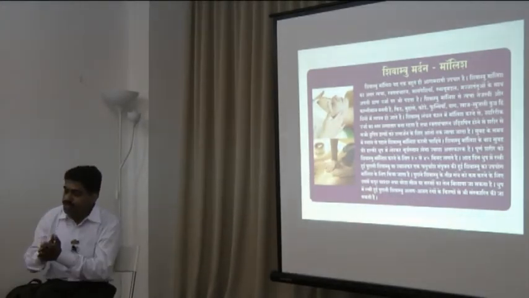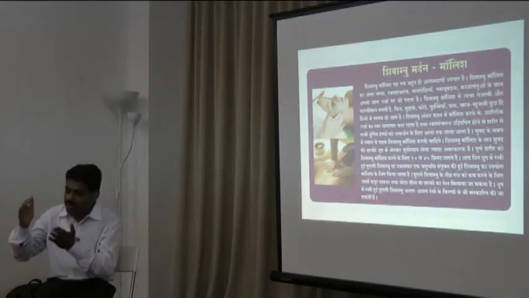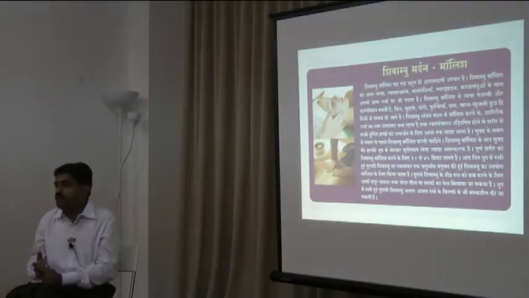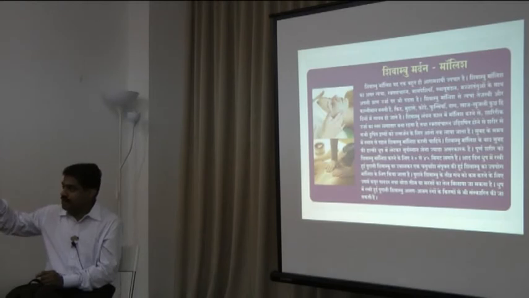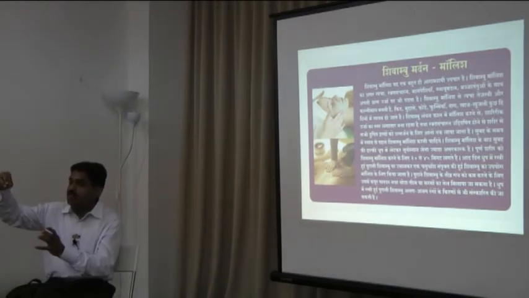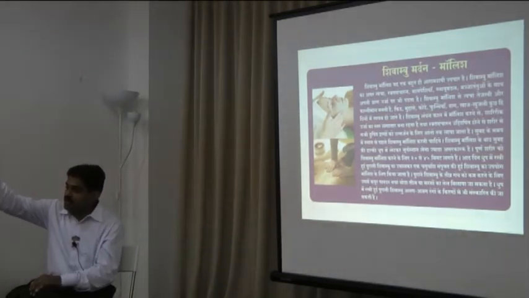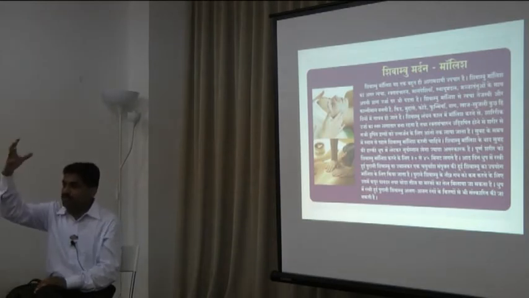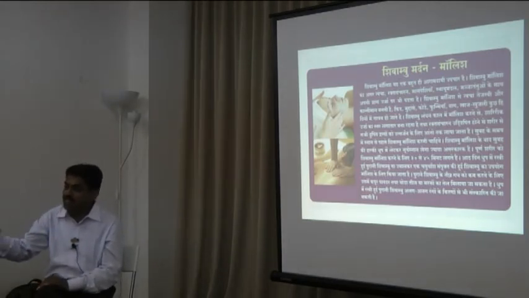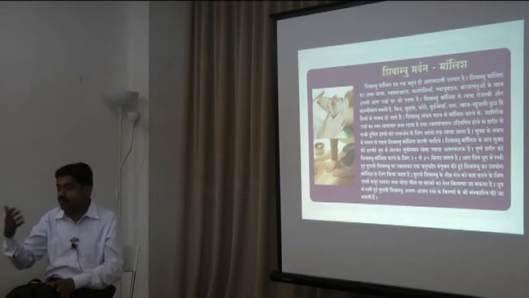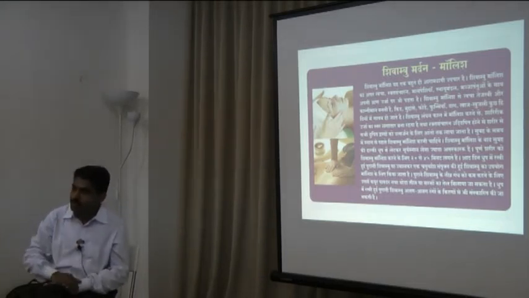You collect your own urine, and either you can boil it and reduce it, or there is one more method: you keep it in a black covered bottle in the sunlight. It absorbs the sunlight and gets more and more concentrated, and that urine also could be used.